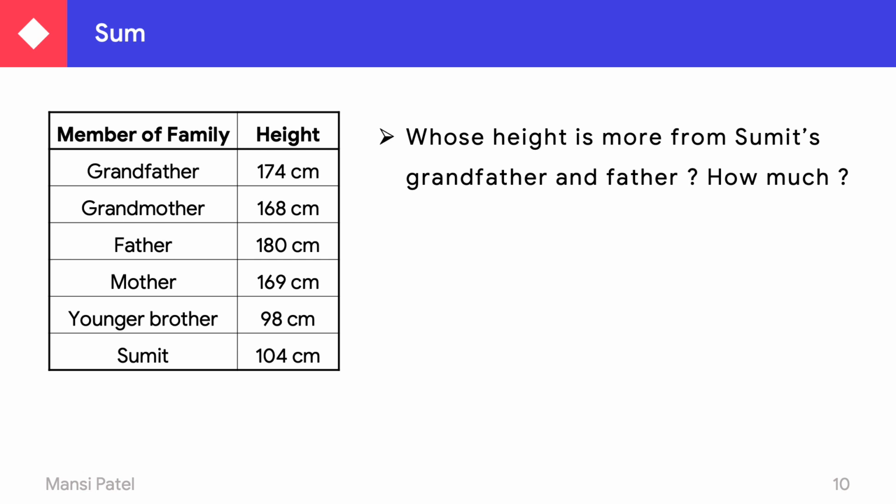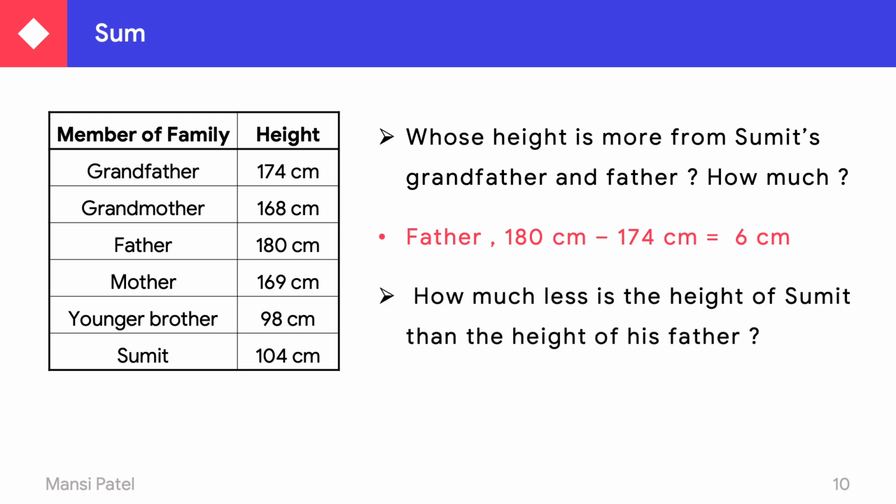So we can say here 180 centimeter minus 174 centimeter is equal to 6 centimeter. So whose height is more from Sumit's grandfather and father? So we can say here the height of Sumit's father is more than grandfather, and by how much? So we can say by 6 centimeter.